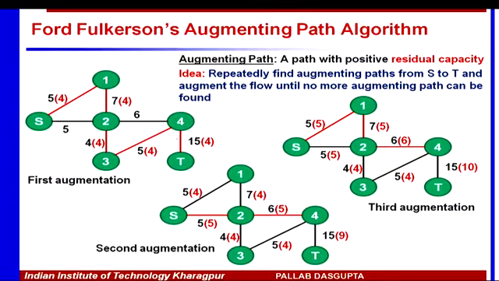If we do a depth first traversal, we'll know whether T is reachable from S. What is the complexity of a depth first traversal? Order of E. So in that time, in the order of E, we will be able to figure out whether there is a path from S to T.